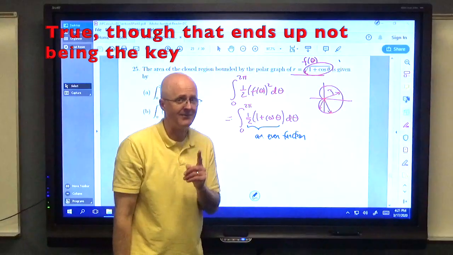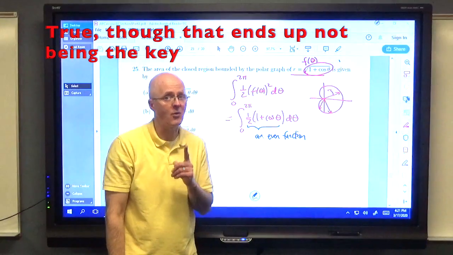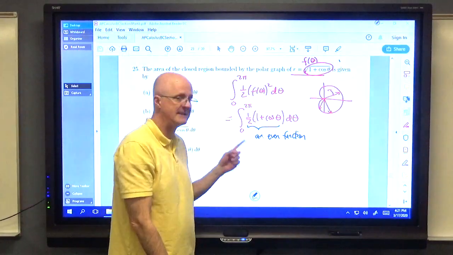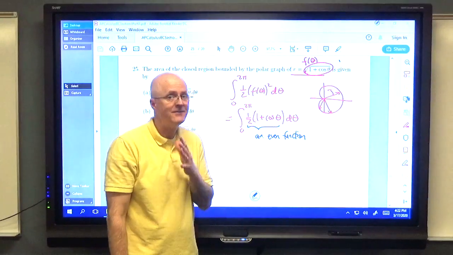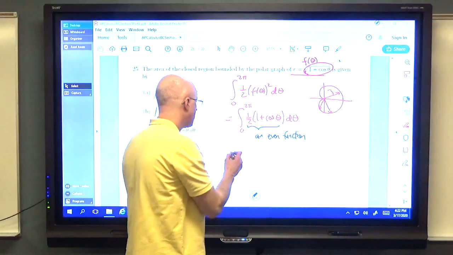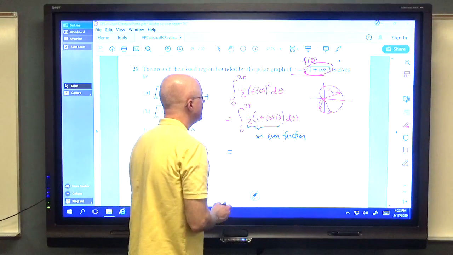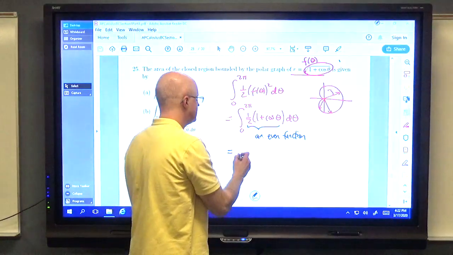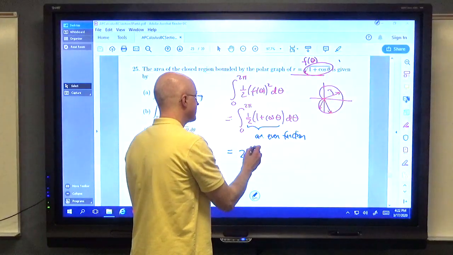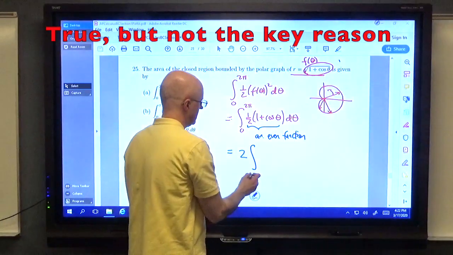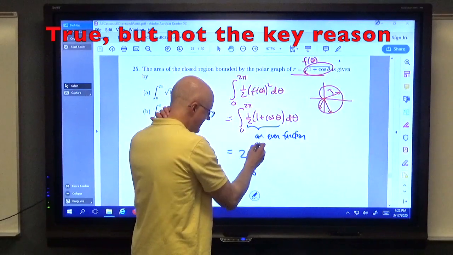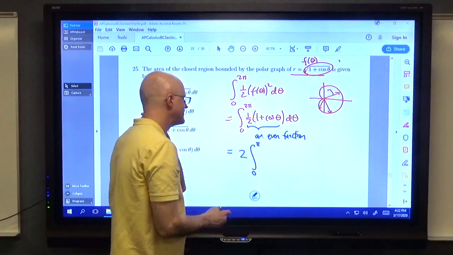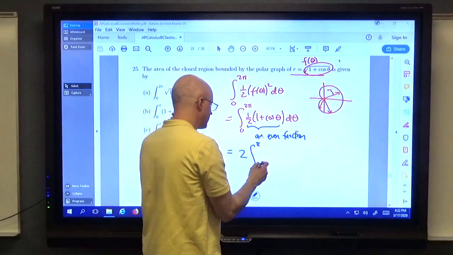We could make an ordinary graph of it in rectangular coordinates and interpret this integral as an area under a graph. And if you did that, it would confirm that the integral of this function is double the integral of the same function from, well, 0 to pi. Okay, I guess that's not the best explanation because this interval is not centered on 0.